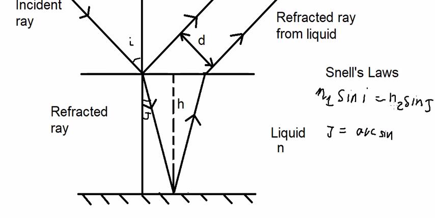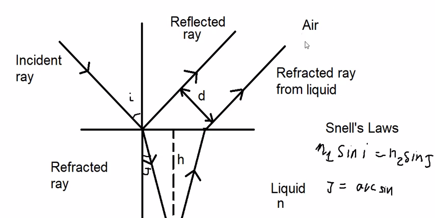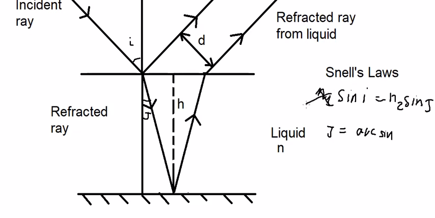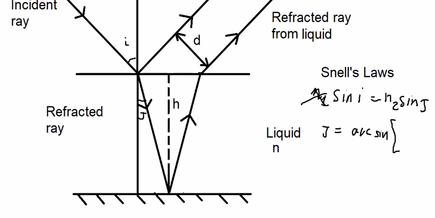We divide both sides by N2. N2 we call N. N1 is the air, so N of the air should be equal to 1, and we don't need to write anything with N1. So you got sine I divided by N. That's the first step.